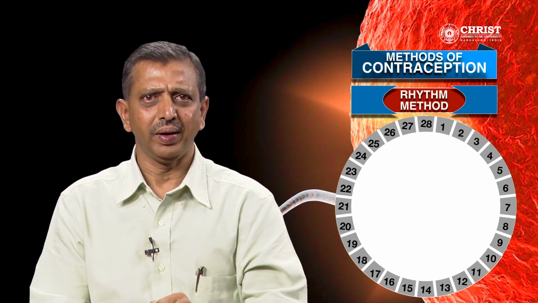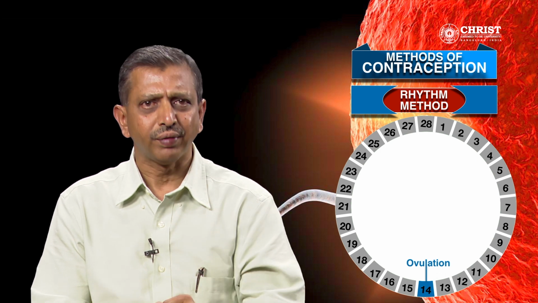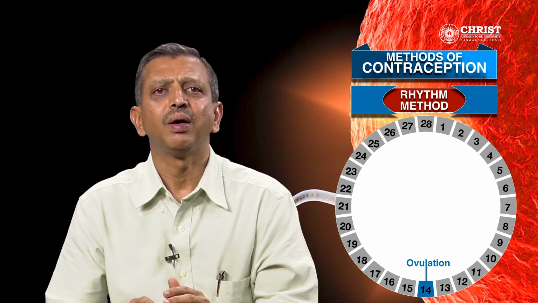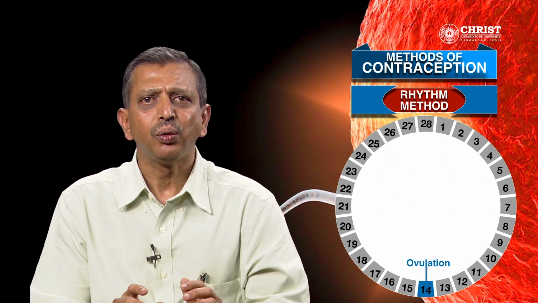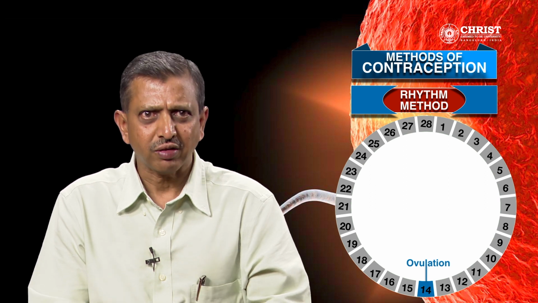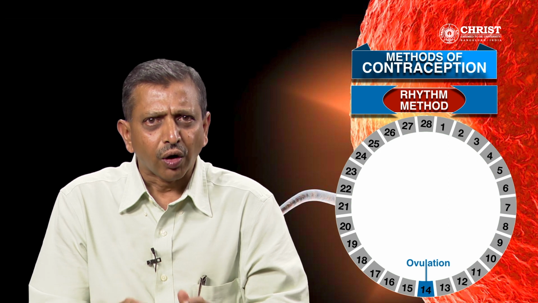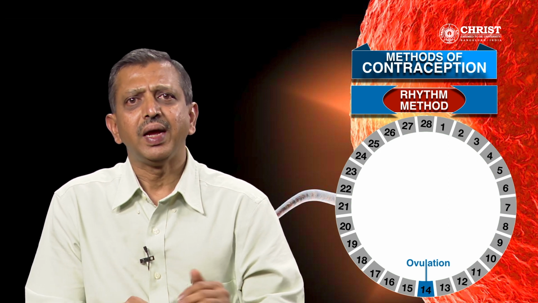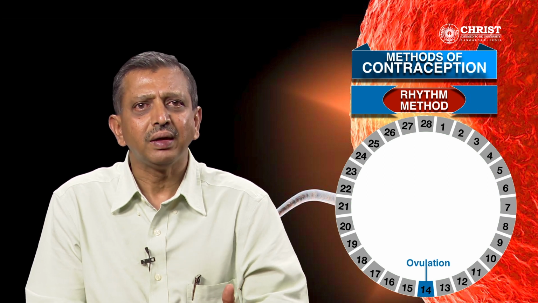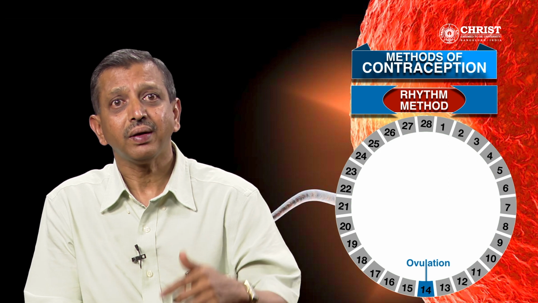Going by the theory, ovulation occurs on the 14th day of the menstrual cycle, but practically there is a wide variation due to a lot of factors like diet, psychological stress, hormonal imbalance, etc. Following these facts, ovulation can occur 3 or 4 days prior to the 14th day or 3 or 4 days after the 14th day.